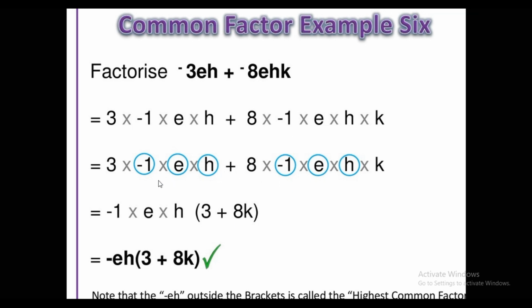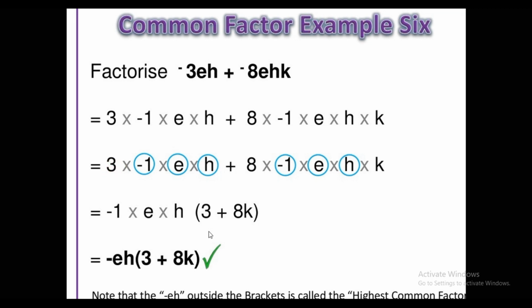So what is our common factor here? Minus 1 into E into H. What we are going to do, we should give a first bracket here and write the common factor inside the first bracket, and what are the leftovers? We'll put the leftovers inside the bracket. So if minus 1 E into H is the common term, what is the leftover here? 3.